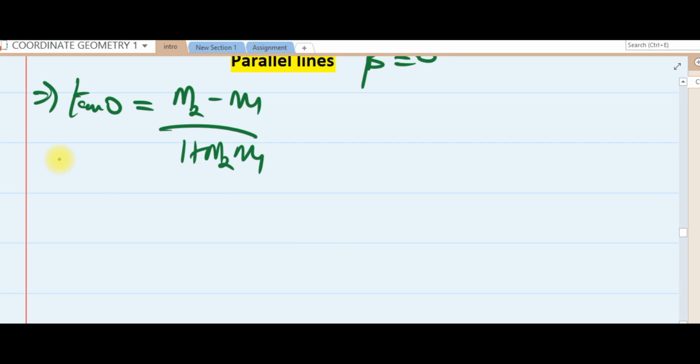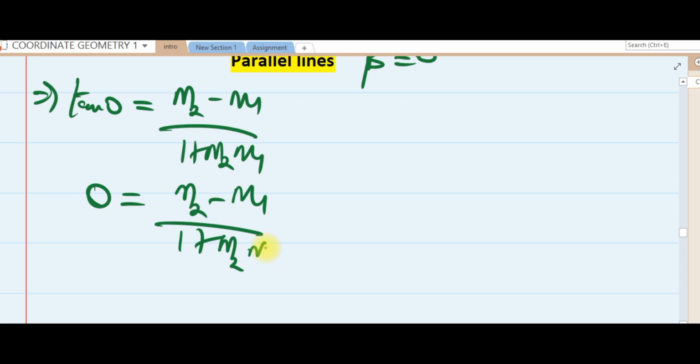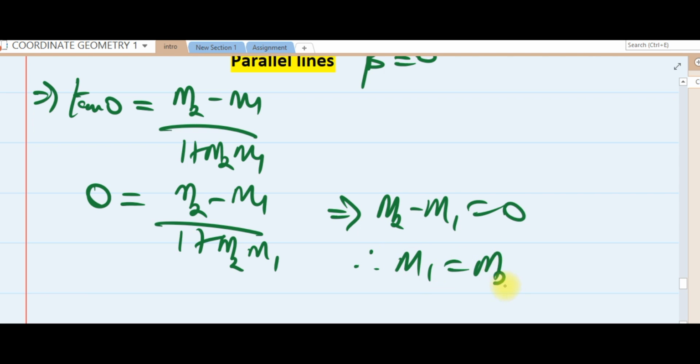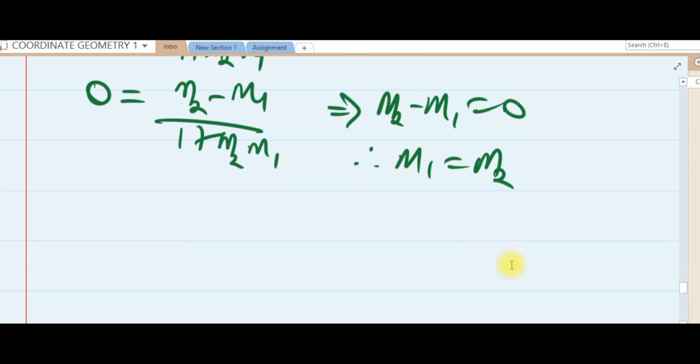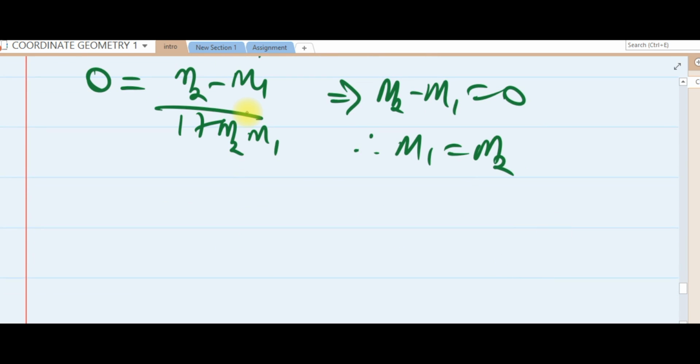Tan 0 is 0. So m2 minus m1 must be 0. Therefore, m1 must be equal to m2. So for parallel lines, the slopes are equal. That's the condition for parallel lines.